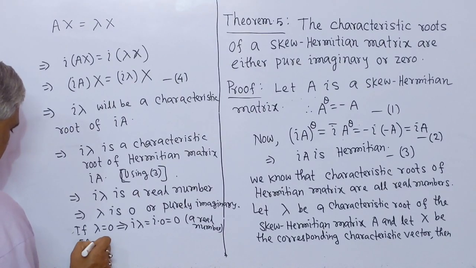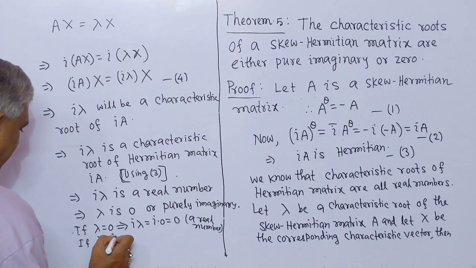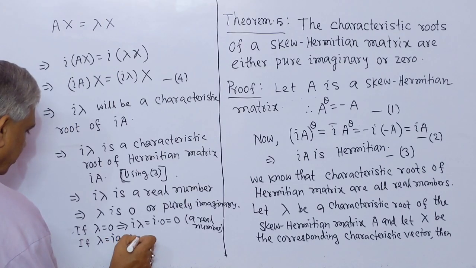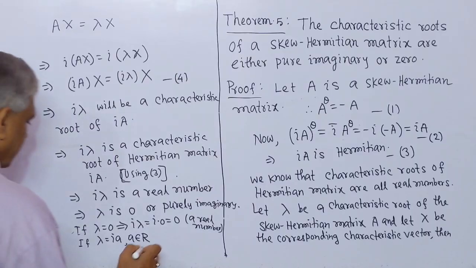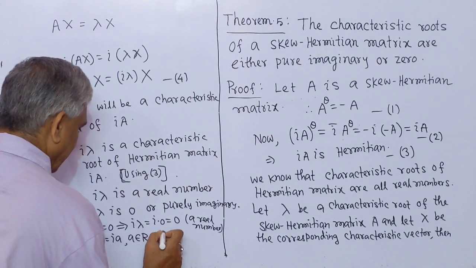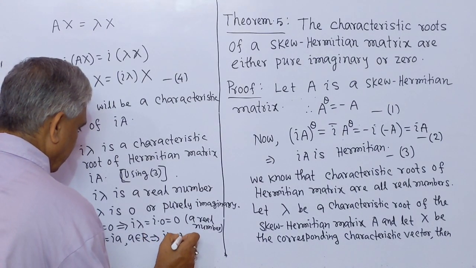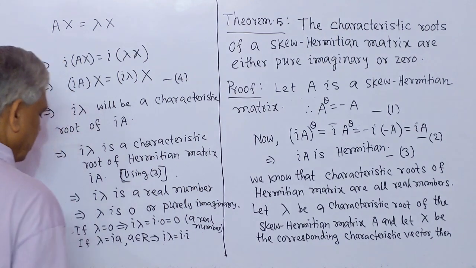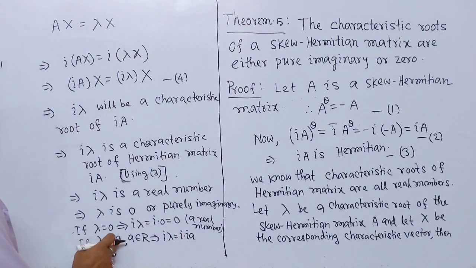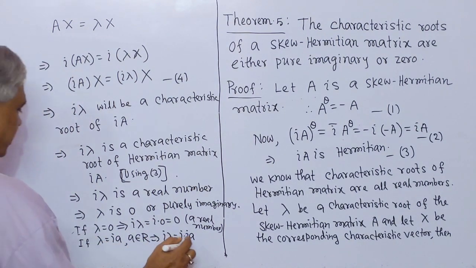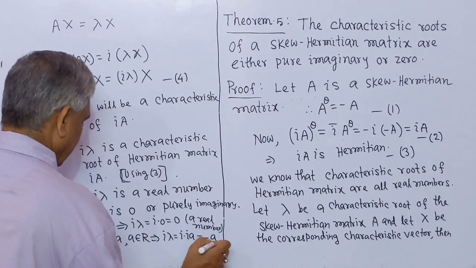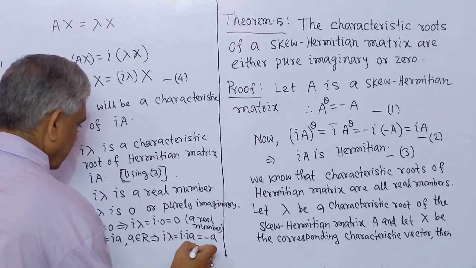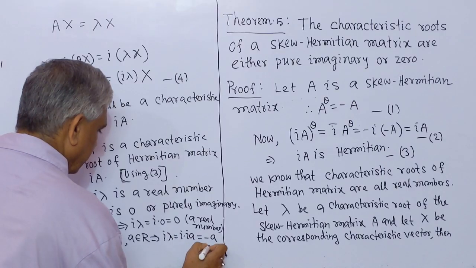If lambda = ia, a belongs to the real numbers, then i lambda = i times i times a, which equals -a, a real number.